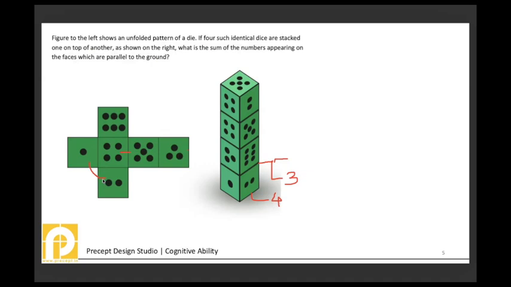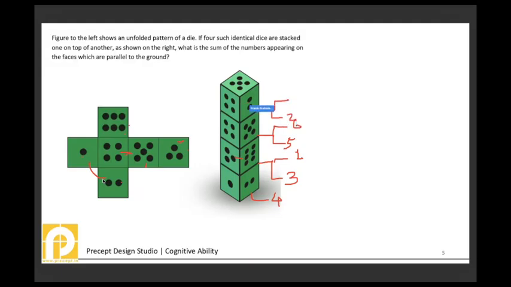Next we have 6 and 3 coming together. The top part of it will be 5 and bottom will be 1. So 1, 5. Then we have 5 and 4. We know top is 6, bottom is 2. So 6, 2.